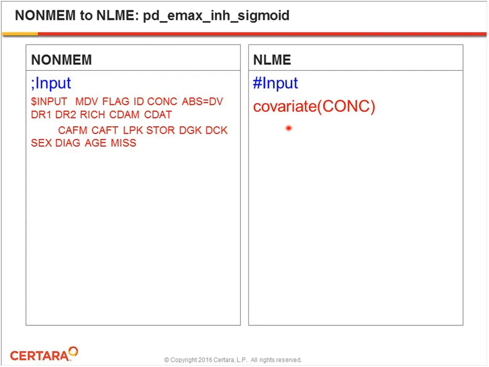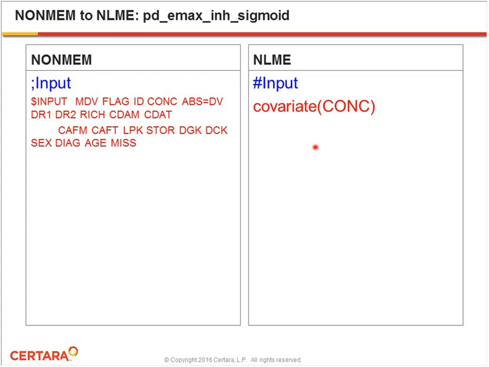So now we are coming to the comparison of the codes. As usual, non-MEM NM-TRAN code on the left-hand side and NLME PML code on the right-hand side. First thing we specify is the input. It has a $INPUT statement for non-MEM, reading in all the columns from the data set.